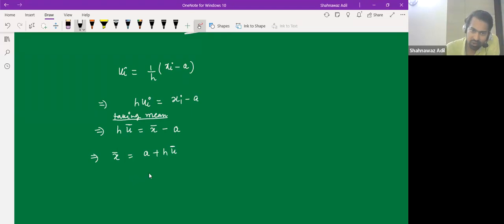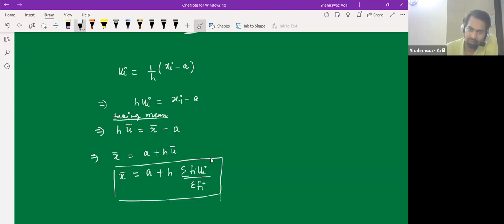So you guys already know that U bar is summation of FiUi divided by summation of Fi. So this would be the mean from the step deviation method.